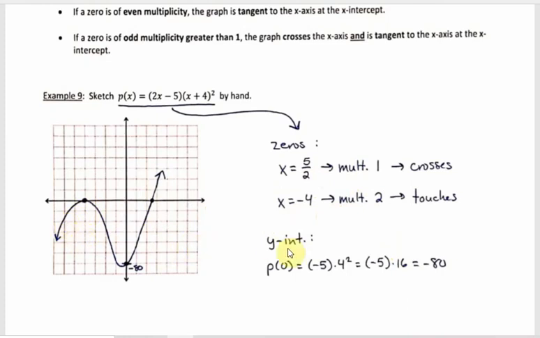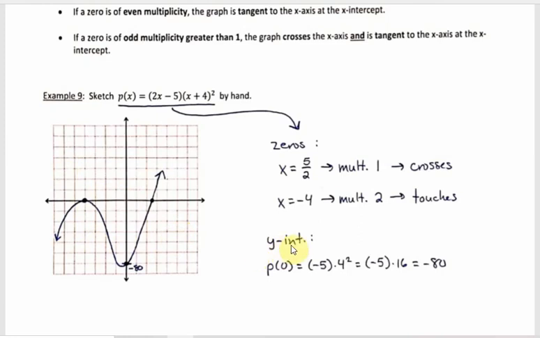So the other thing is, how do you know what side you're supposed to be on? How do you know that it's not above in the middle, below over here, and then also above over here? How do I know that I have this right? Because I got the y-intercept. The y-intercept is really helpful here because that gives you a point to start with.